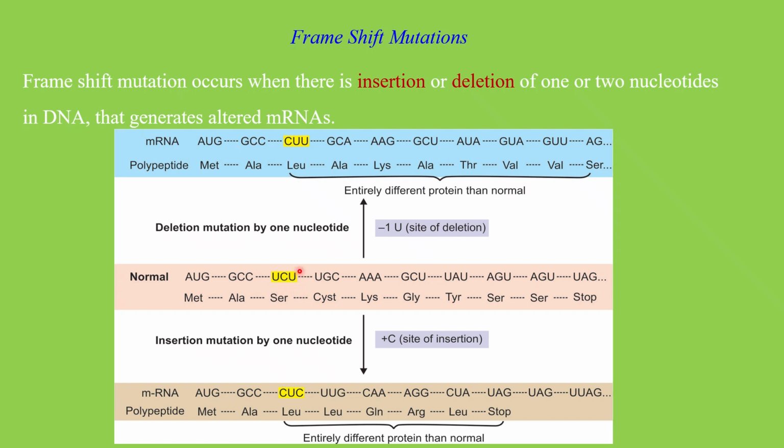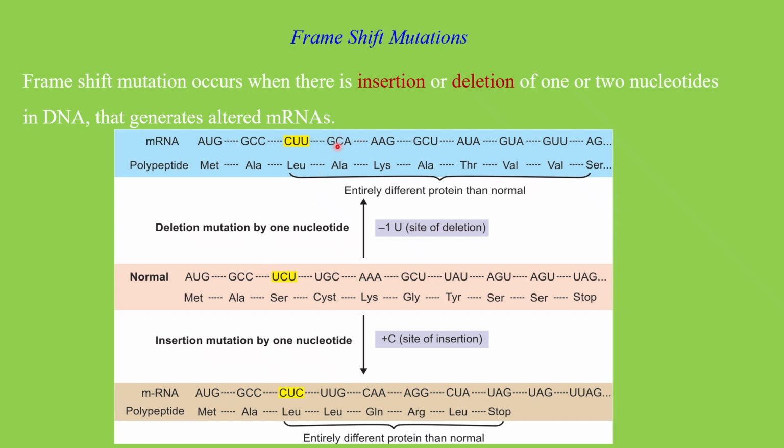UCU is here in the normal, where one U is now lost. One U is being lost, so there is a shifting of the reading frame. So now it turns to AUG, GCC, and CU, because one U is lost.